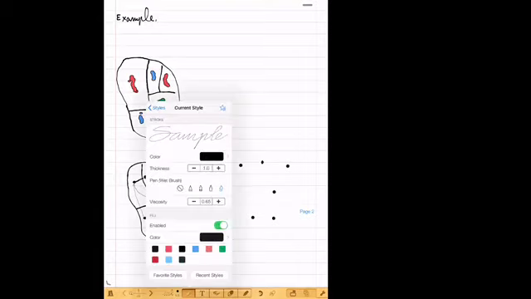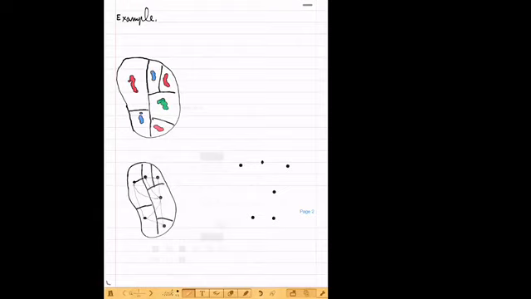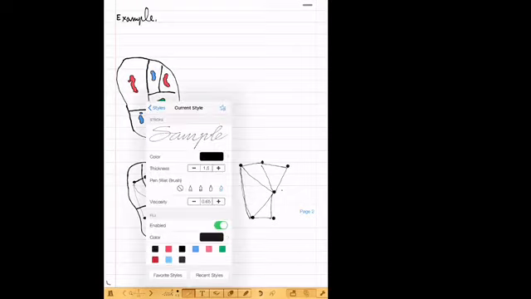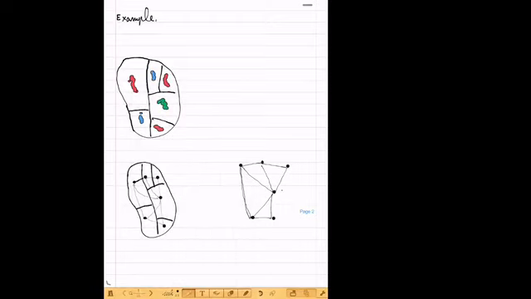So what you end up with is a graph. So let's go here. Let's reproduce this graph. And now you can see that with a map, you can associate a graph.